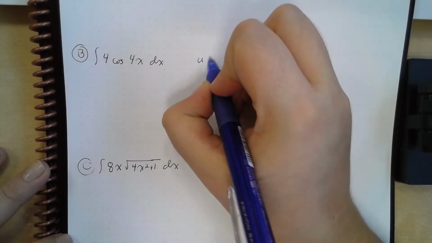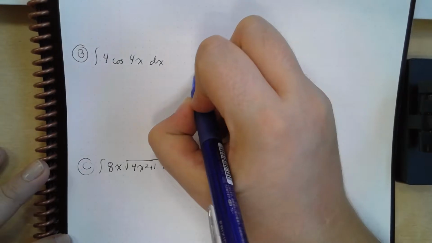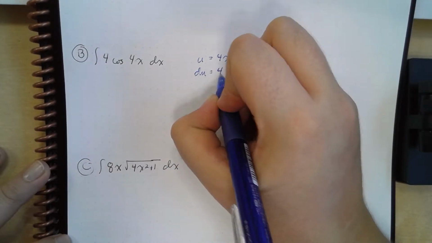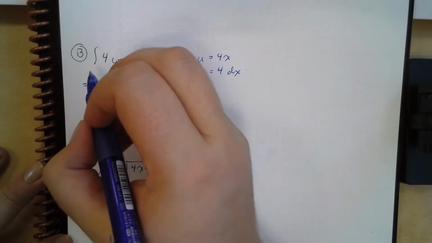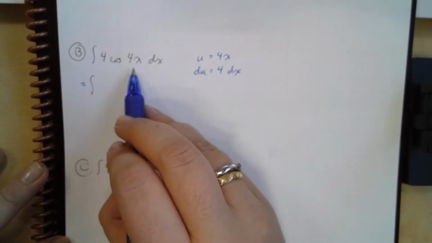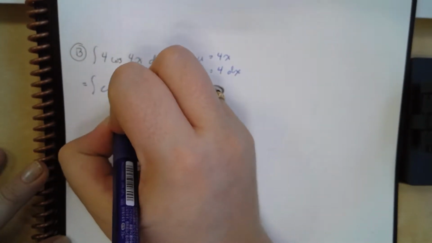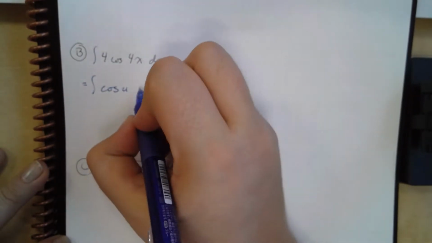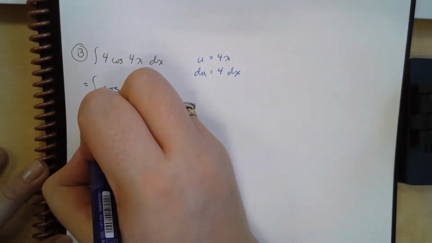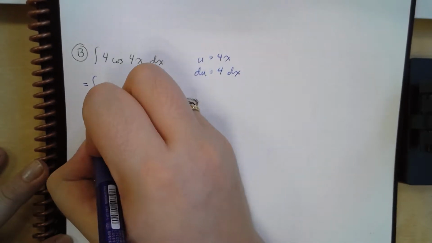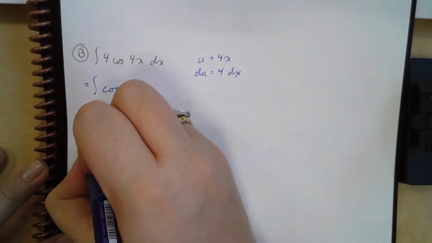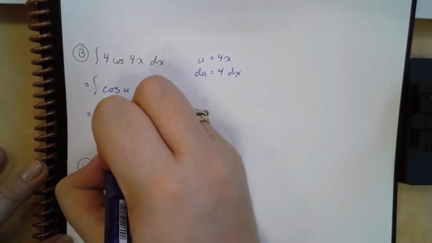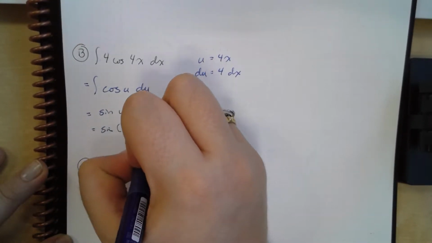So u is going to be equal to 4x, so du is going to be equal to 4 dx. Now I can rewrite this. The integral of cosine of 4x is just going to be cosine of u, and 4 dx is just du. So then my integral is equal to the sine of u plus c, which is equal to the sine of 4x plus c.